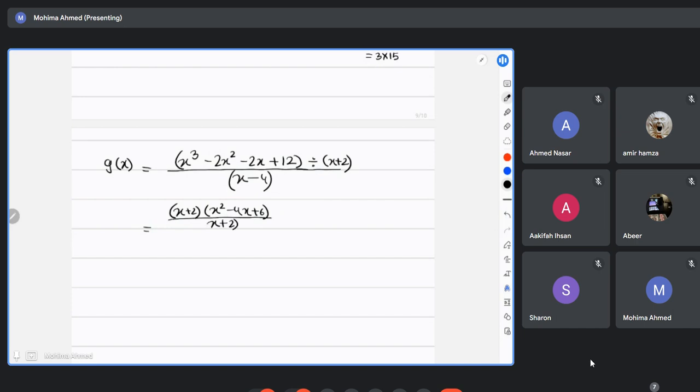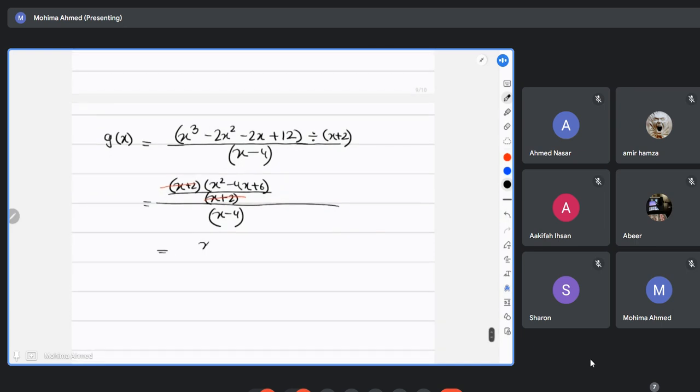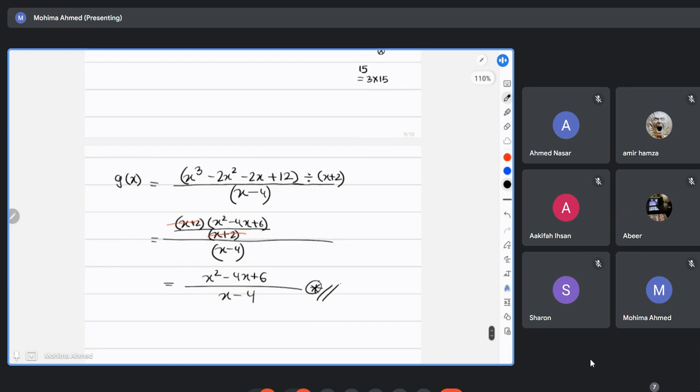So x plus 2, and this entire fraction is divided by x minus 4. So this x plus 2 gets cancelled out, and you're left with x squared minus 4x plus 6 over x minus 4. And this is how you completely show your answer.